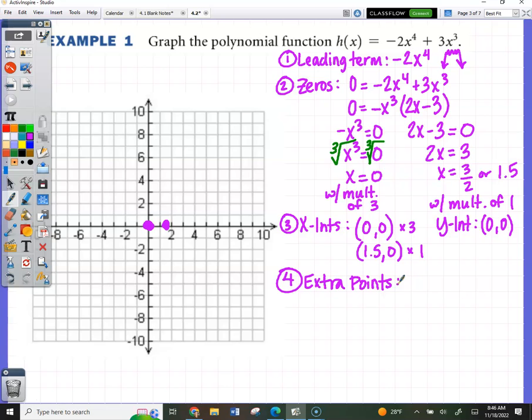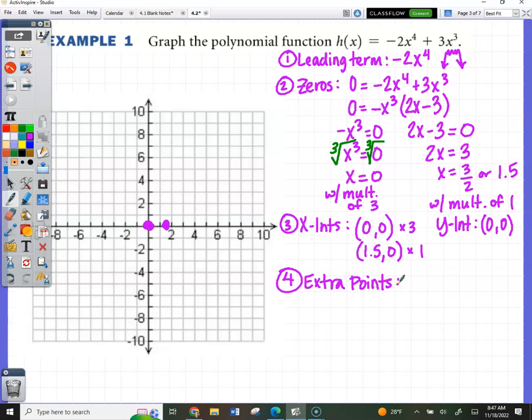So this next part is where you're trying to find extra points. This is where you want to think smarter, not harder. This is a polynomial, which means the domain is what again? All real numbers. Which means any number you pick and plug in, you're going to get an answer, right?